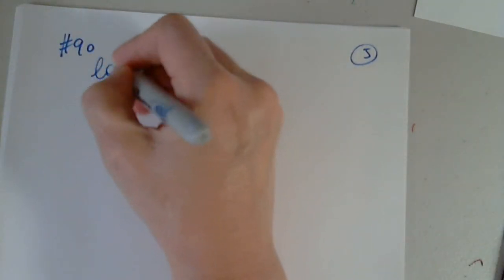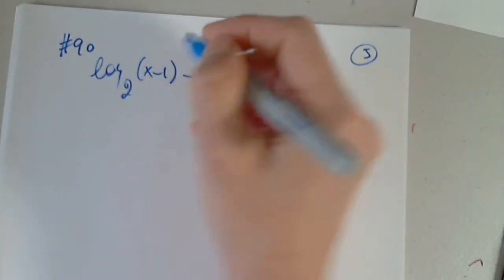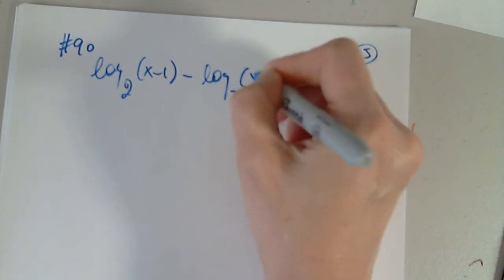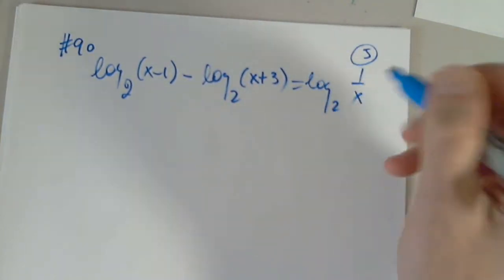Okay, and then we move on, unless you have questions, of course. I see log base 2 of x minus 1 minus log base 2 of x plus 3 equals log base 2 of 1 over x.